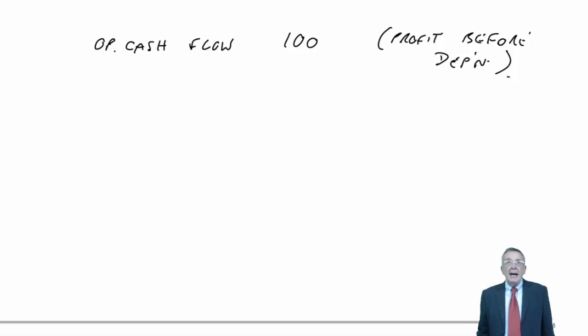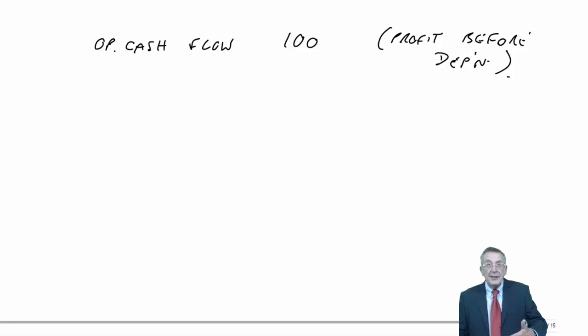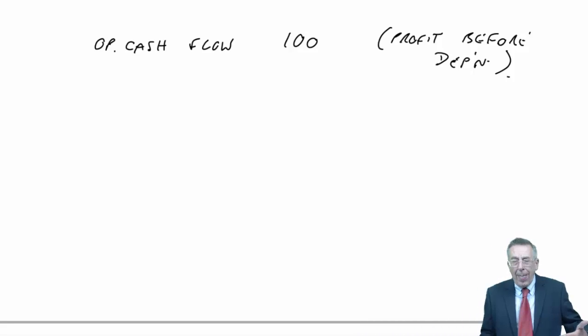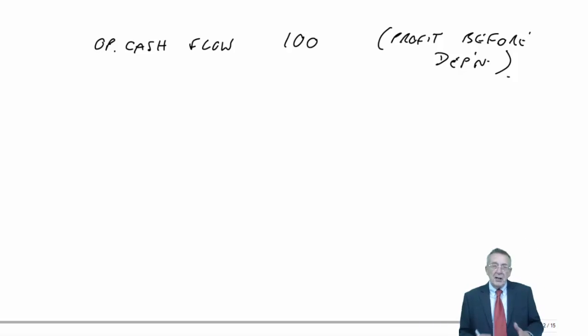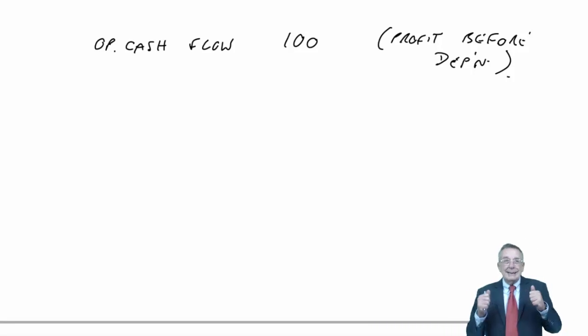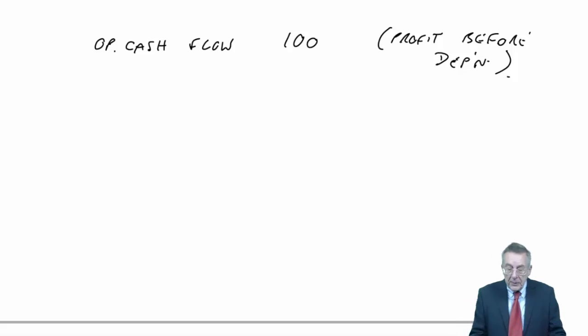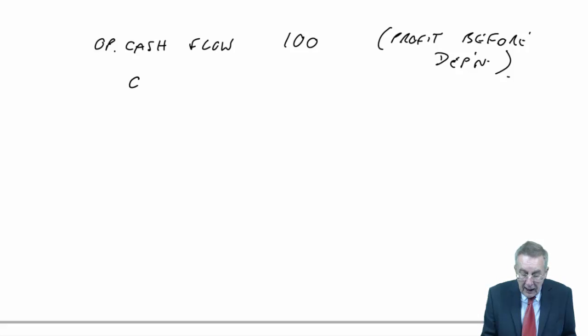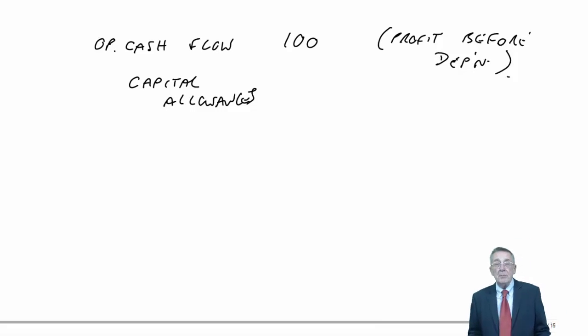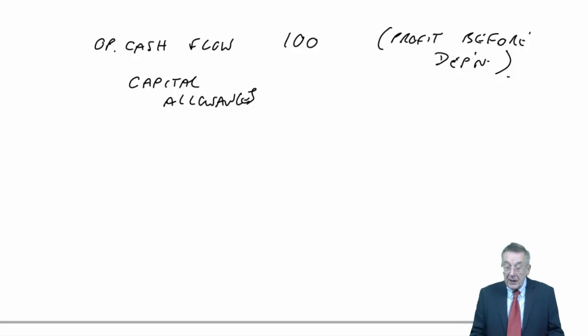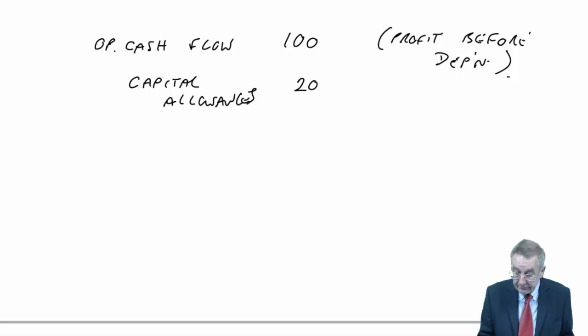Now again, you should be aware that for tax purposes, they take the profit before accounting depreciation and they subtract capital allowances. They subtract tax rules depreciation and then they work out the tax. So suppose I tell you the capital allowances this year, I'm making up figures just to explain the principle, suppose I tell you the capital allowances are 20.